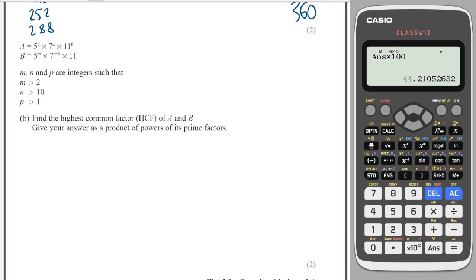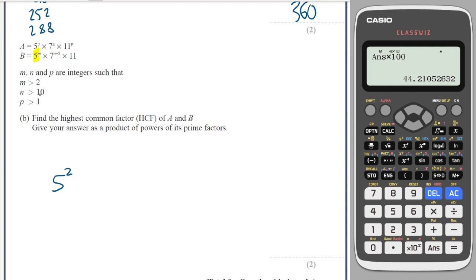Okay, so for the highest common factor we find the numbers which occur in both, and it's always the lowest power that we use. So because M is greater than 2, they don't share more 5s than just 2. So 2 5s is the maximum they share. So 5 to the 2 is going to be part of the highest common factor.